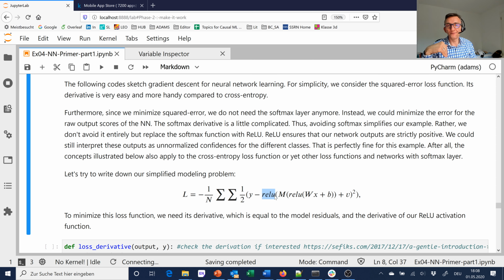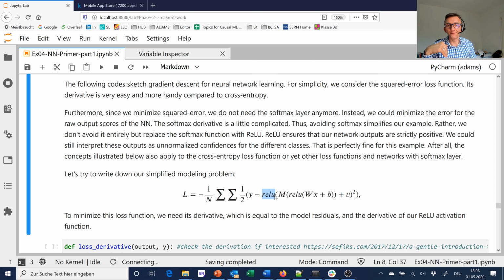And then we want to find the derivative of the loss with regard to our parameters, W, M, V, and b. And we start with M, the weight matrix between the hidden and the output layer. Right, so here comes the chain rule.